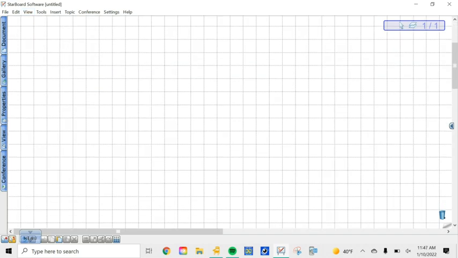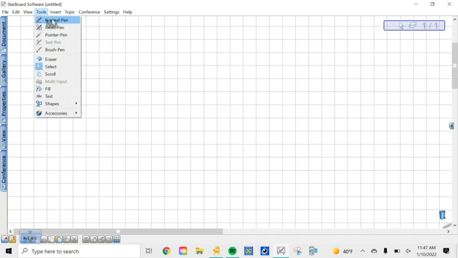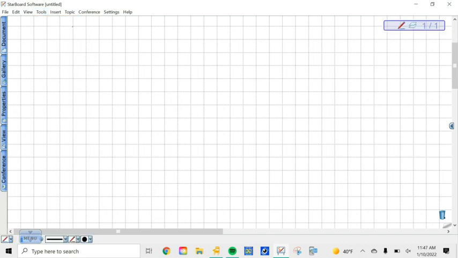You've got 12 equations, so you're going to need 12 coordinate planes. How big do they have to be? I would make them 10 by 10.